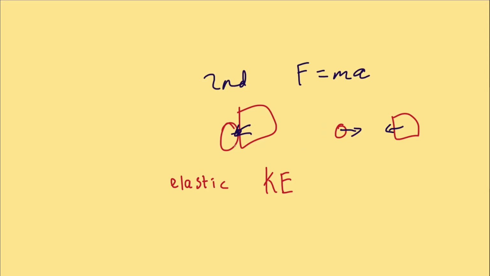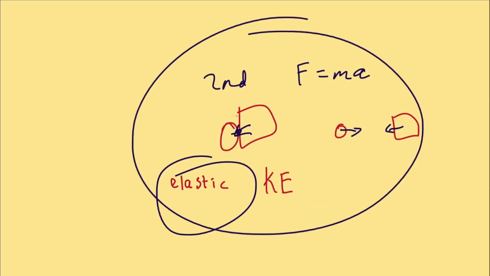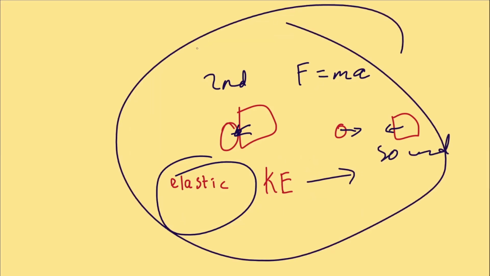And when this is the case, the collision is elastic. And even when the collision is inelastic, total kinetic energy may not be conserved, but total energy always is. Because some kinetic energy might turn into sound or heat, but in total, the energy doesn't change. That's the law of the conservation of energy, which is universal.